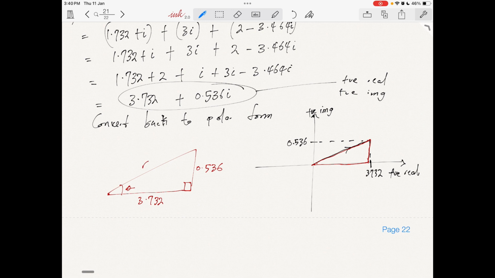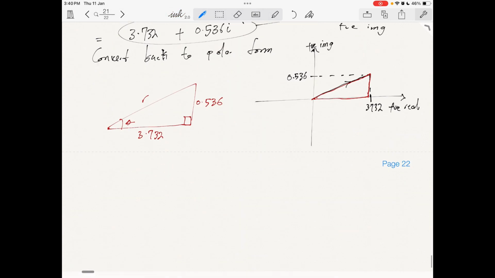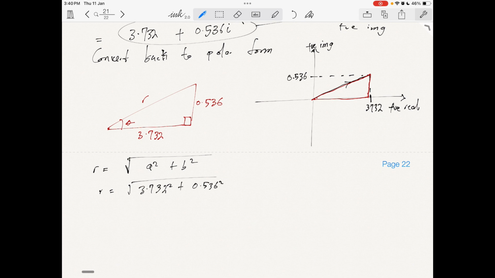And you have to calculate the modulus. According to Pythagoras theorem, our modulus will be square root of a squared plus b squared. So r is equals to square root of 3.732 squared plus 0.536 squared, which will give us approximately 3.77.